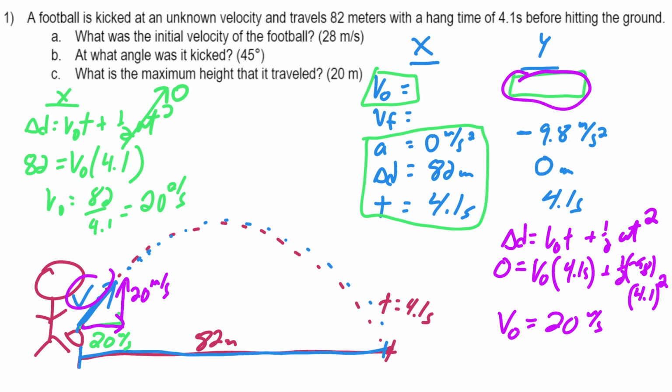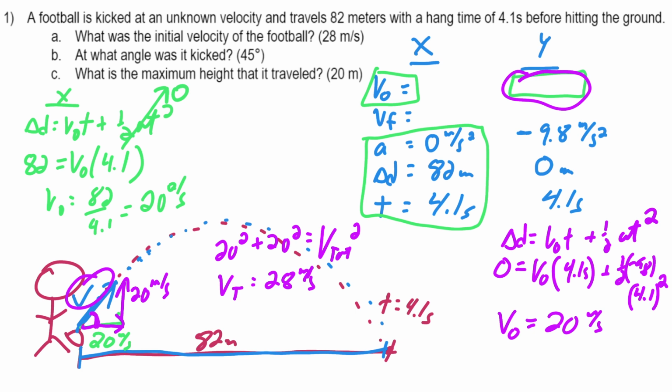So we're going to solve for the v total here, and we're just going to use the Pythagorean theorem. That means 20 squared plus 20 squared should equal v total squared. When you do that, I get 28. And then we're also going to solve for the angle.